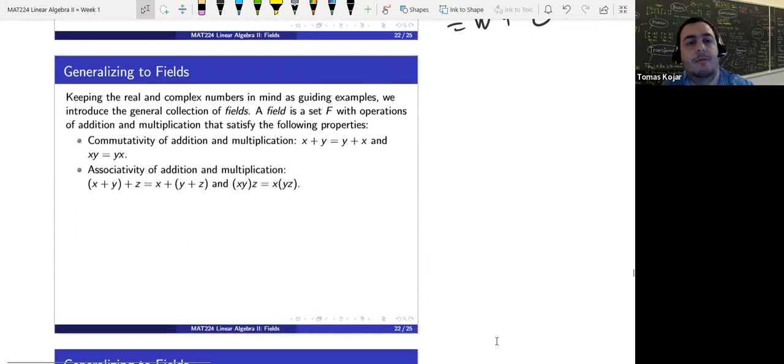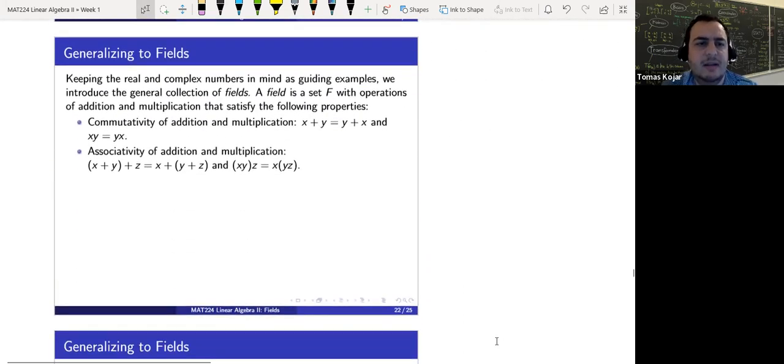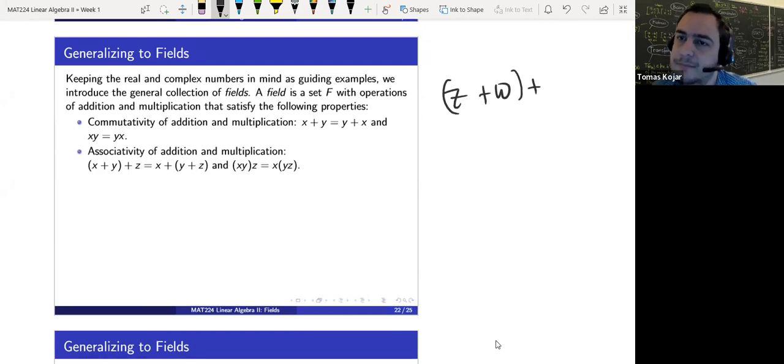All right, so we also have associativity. It's the same thing. I don't think I have to do this again, right? So you will have, let's see, z plus w plus, I don't know, f, and then you have to write everything, a plus ib plus c plus, let me call this something else.